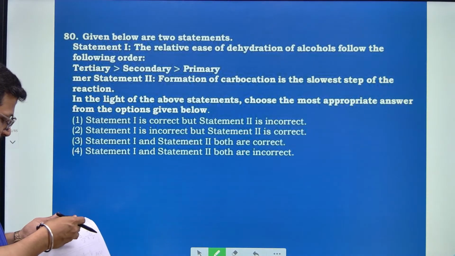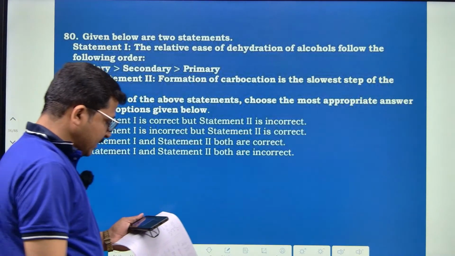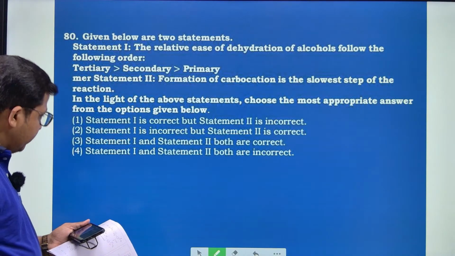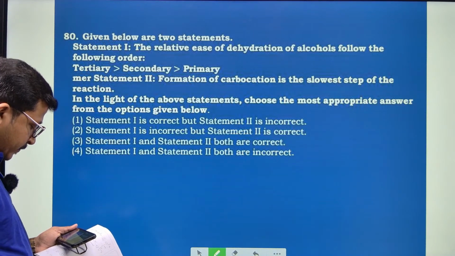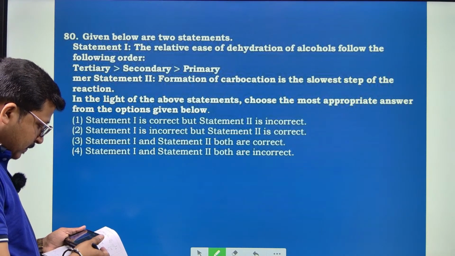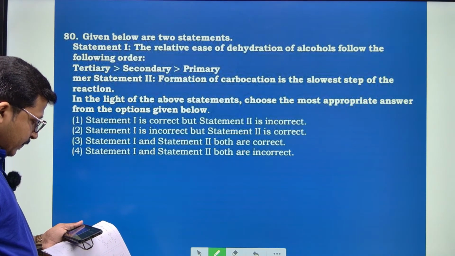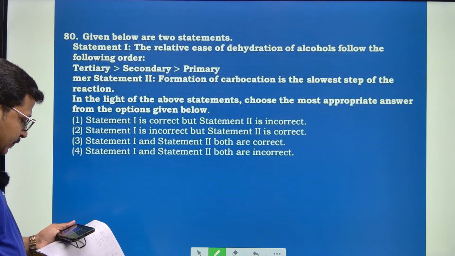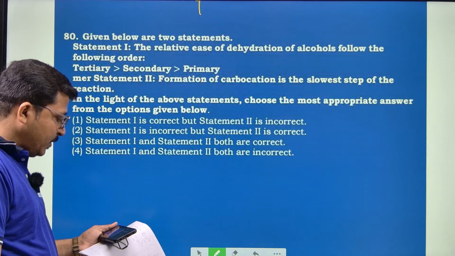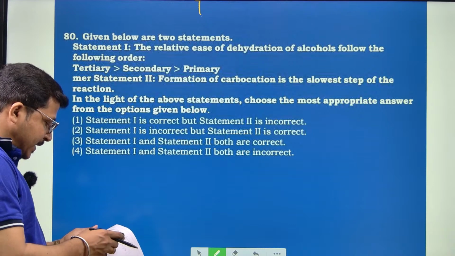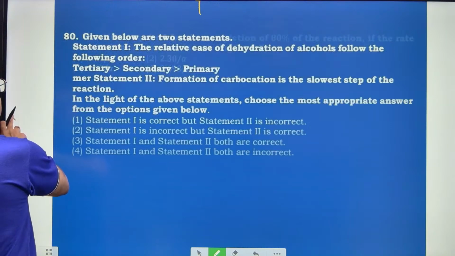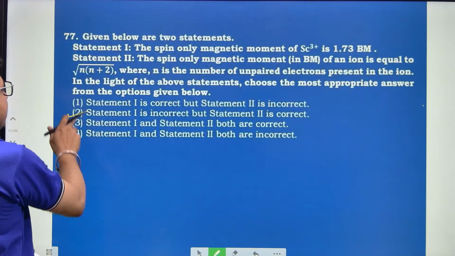Neha, good afternoon. Which statement 2 is correct? Can you please tell me? Which question, please, can you inform me? Neha, are you hearing me? Which question, statement 2 is correct? Oh, right. Exactly. This one. One minute. Yes, statement 2 is correct.